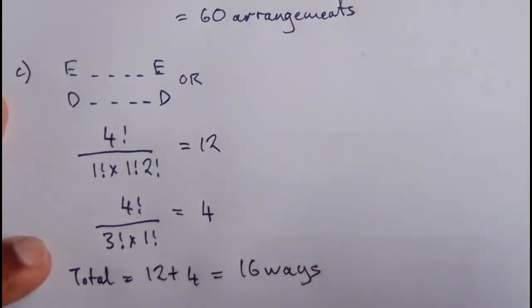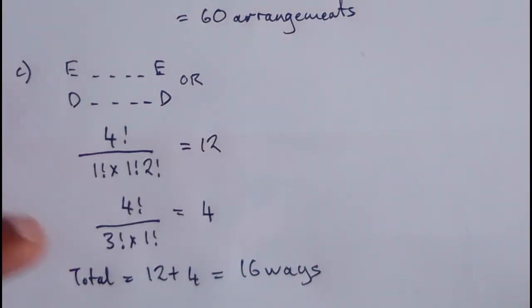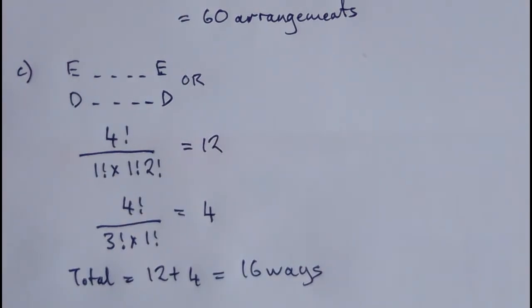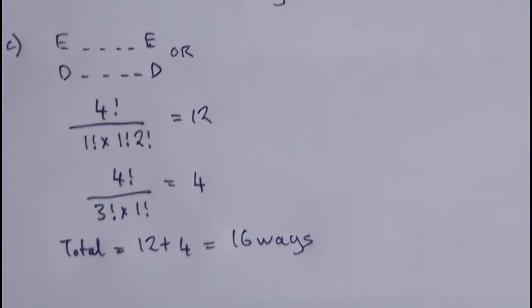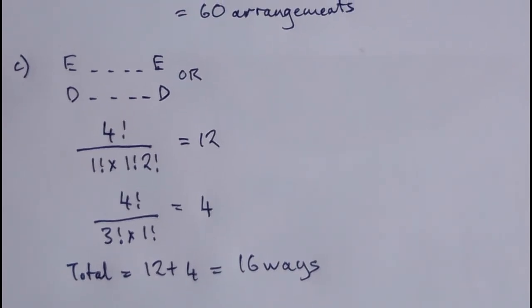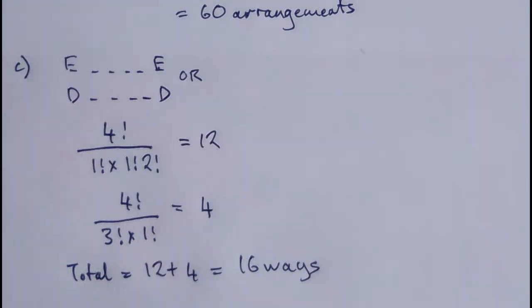So that is how you work out the solutions to these questions. The exercises are on the next page, page 19. Please do those exercises, and good luck with that. Thank you.